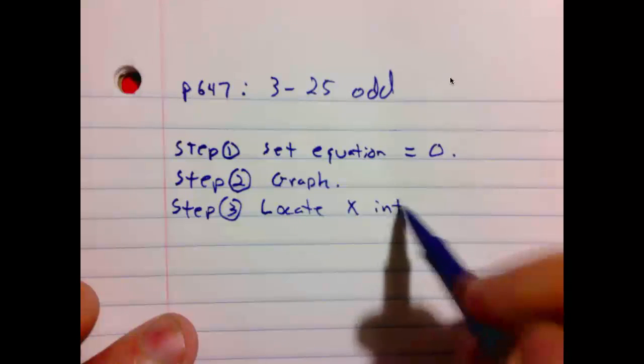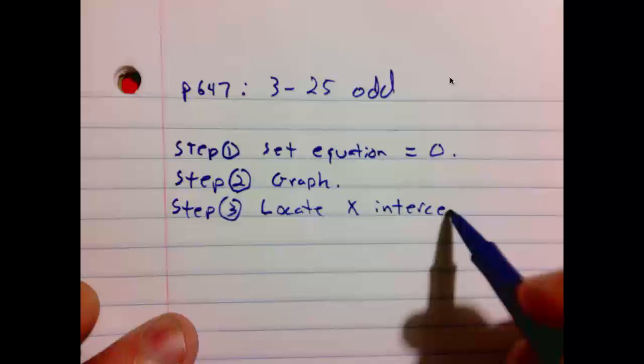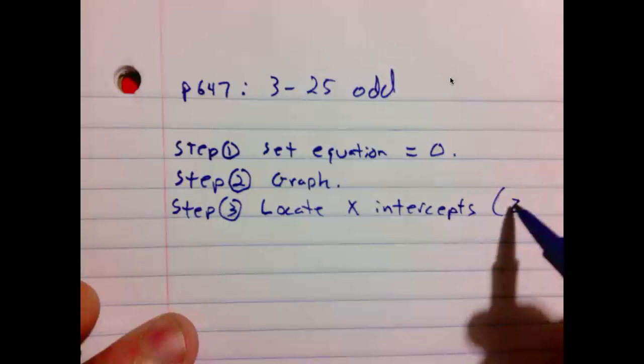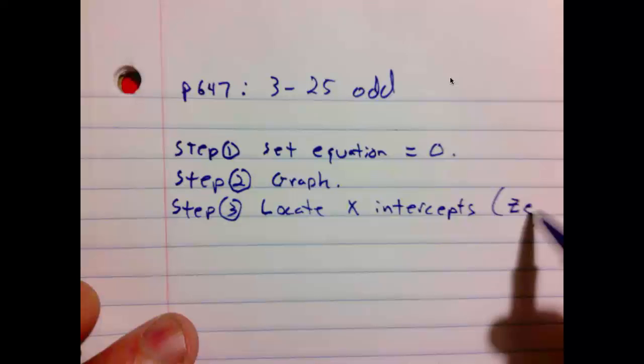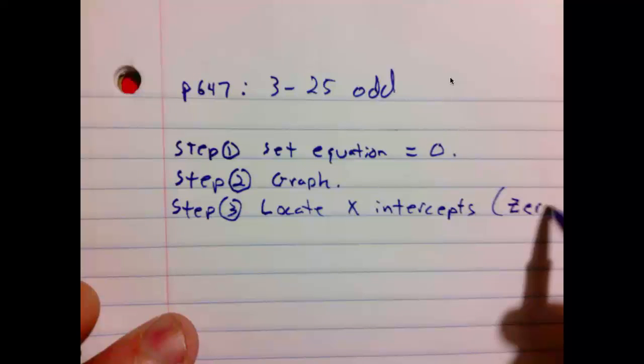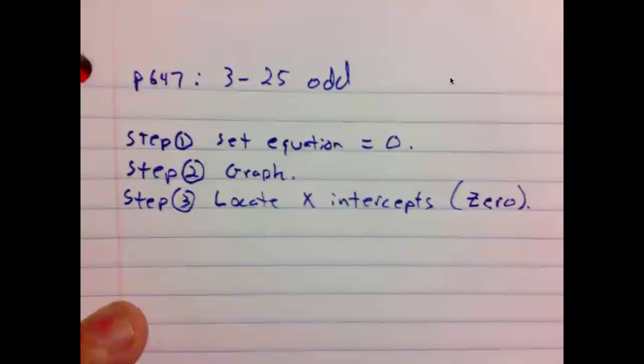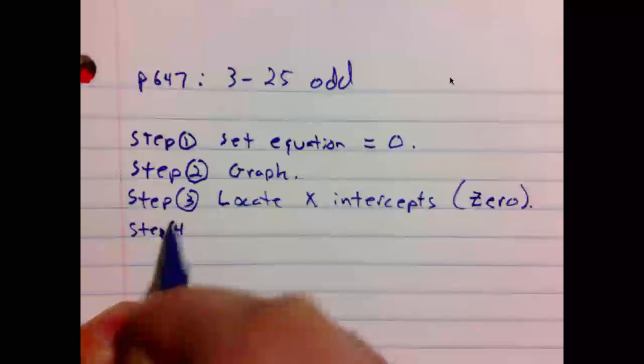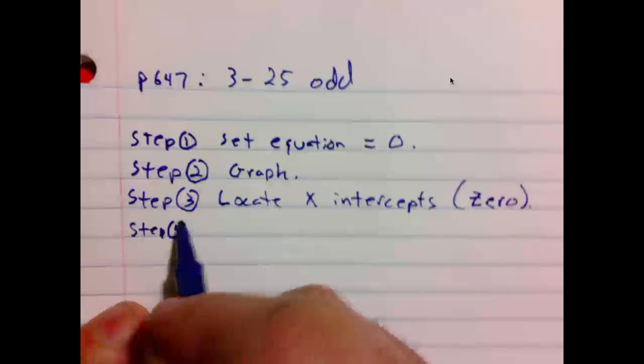We saw a couple ways to find those. And another term for X-Intercepts in this context is a 0. 0 means X-Intercept. Step 4, we're going to check our solution. Verify.